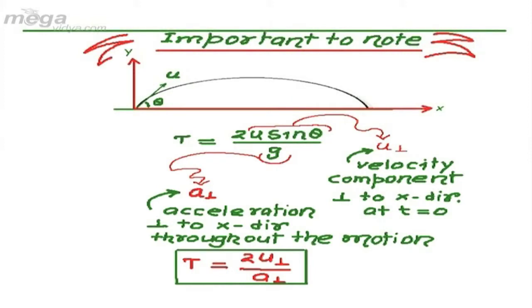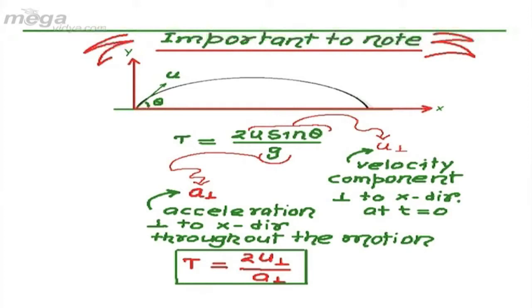So, I had written u sine theta to be the u perpendicular, the component of velocity of projection perpendicular to the surface over which it has been thrown.